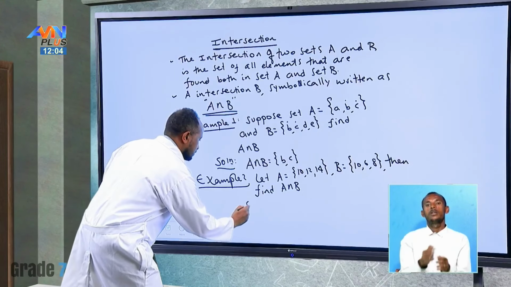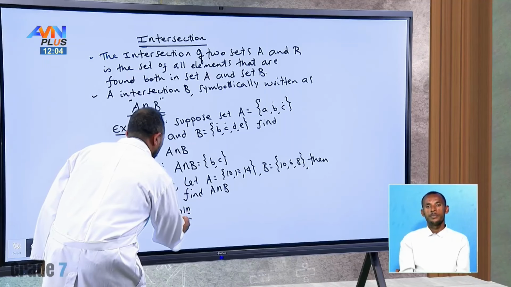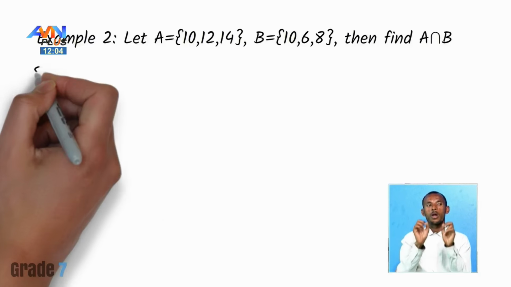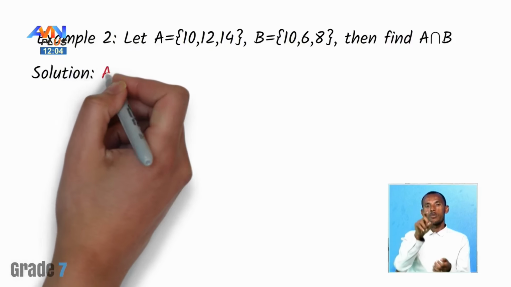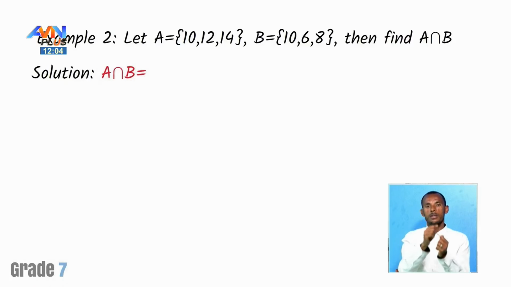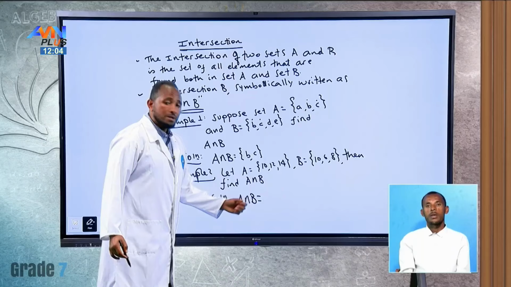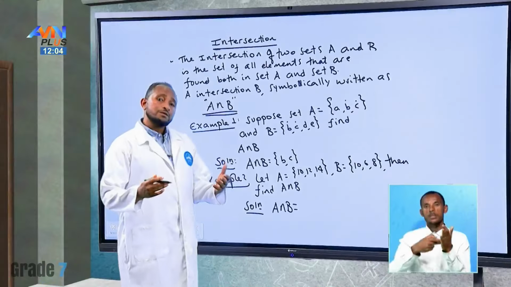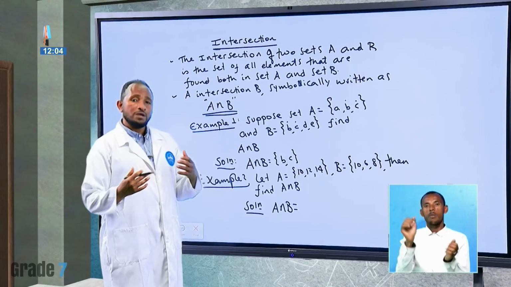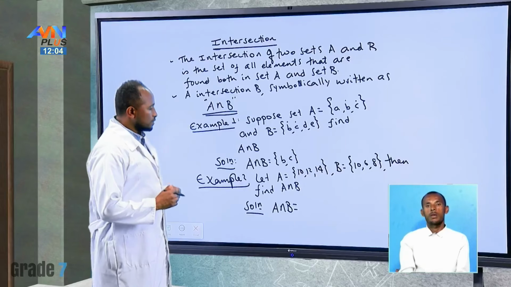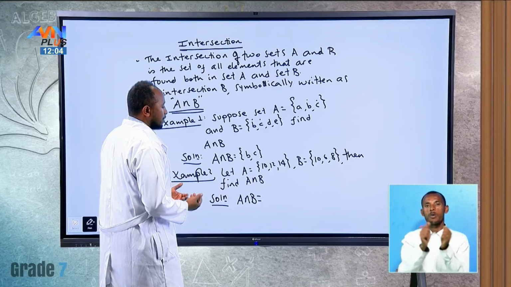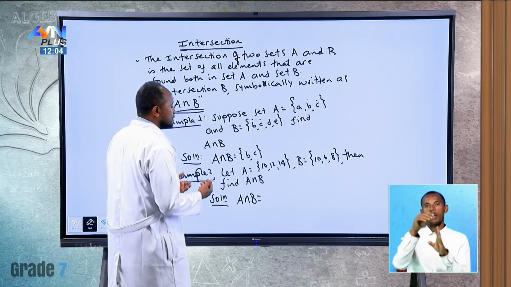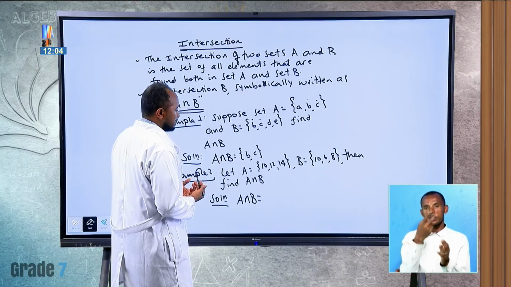Solution. Okay. Here, we are asked to find A intersection B. A intersection B means the elements that are found both in A and B. So here, that means all the common elements that are found in A and B. Let's check the common elements.